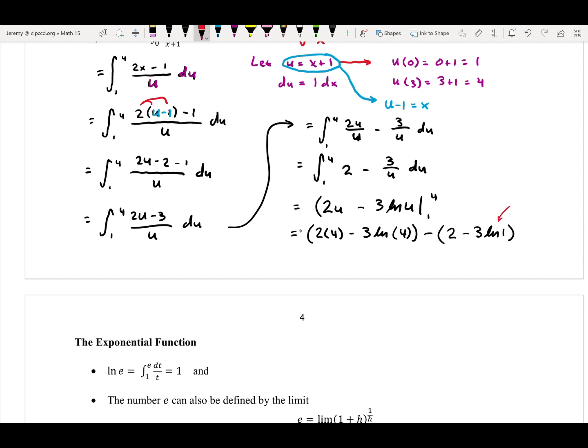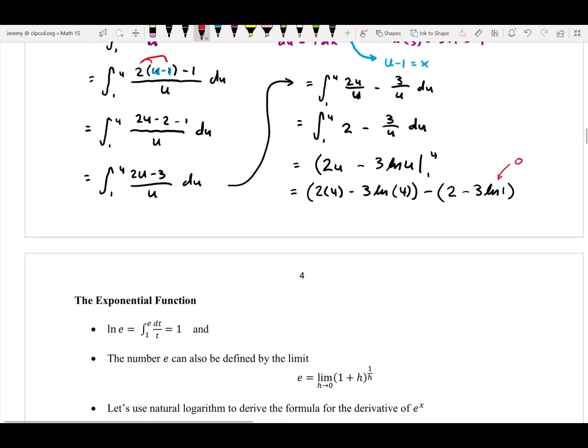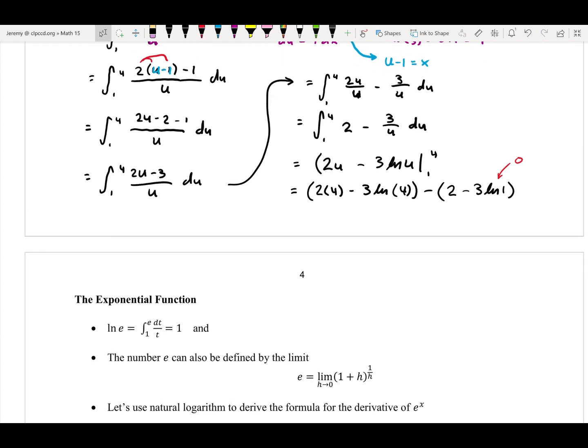What is the natural log of 1? So e to what power equals 1? This is 0. The natural log of 1, in any base, is always just 0. So that just cancels out. What we're left with when we take this difference is 8 minus 3 times the natural log of 4.